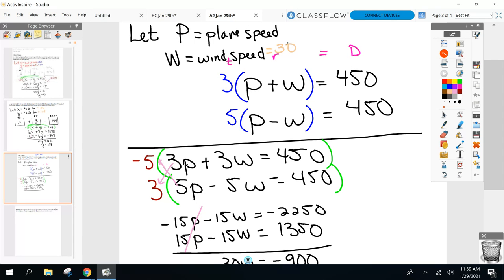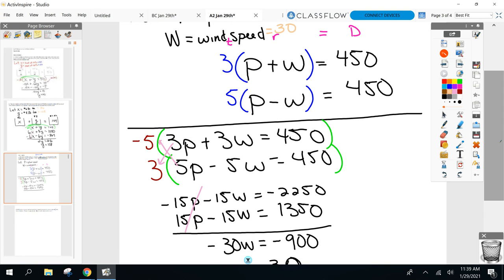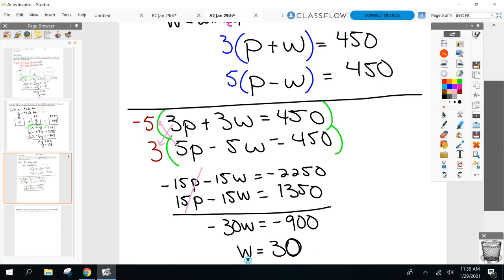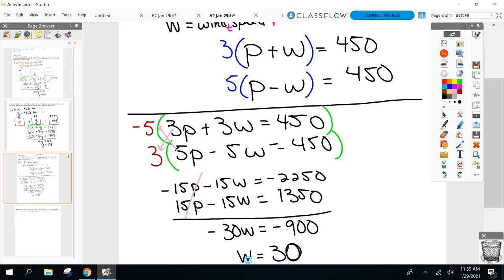All right, you ready for the plane? Take one of the two originals right now. I'll do it here with you. Let's do the top one. Looks the easiest to me, right? Because it's plus. So I take the first equation. W was 30.